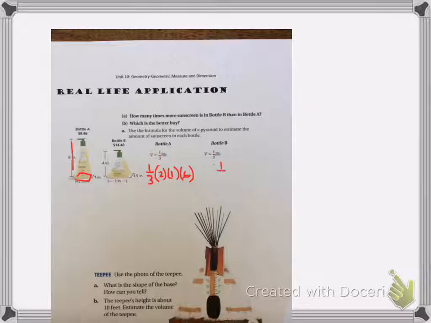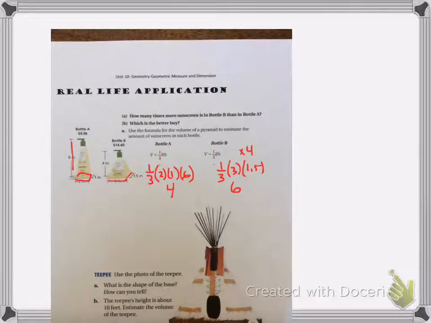That will be compared to this other bottle, which would be 1/3 times 3 times 1.5, and then times 4. I'll write times 4 up here, since I can't fit it there. Then just punch it in on my calculator to see the two different volumes. Here I get 4, and here I get 6.